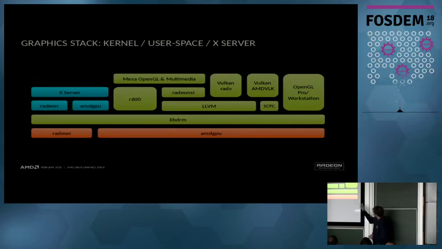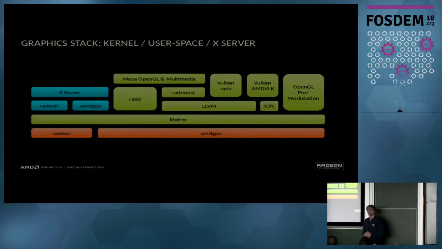And then to the right of that, you have a bunch of different driver components that implement graphics APIs like OpenGL and Vulkan. So there are parts that live in the Mesa open source project under the OpenGL and multimedia umbrella, as I like to think of it. There's the R600 driver, which is for older, pre-Graphics Core Next (GCN) graphics cards.